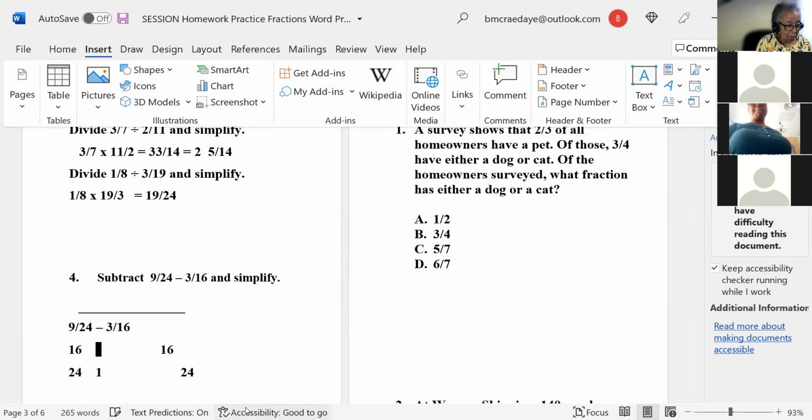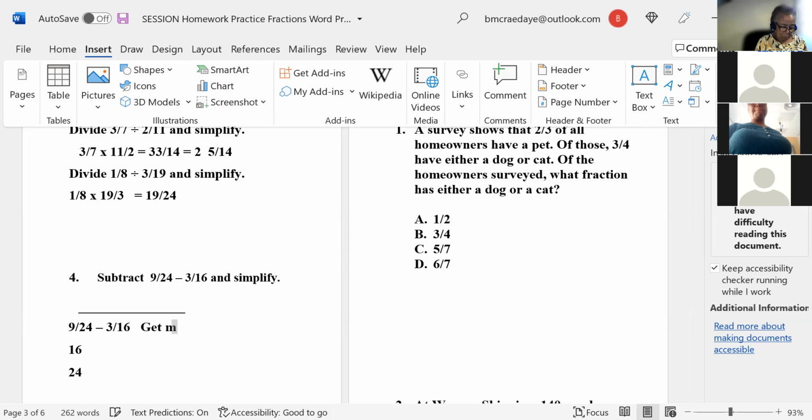Give me the multiples of 16 and the multiples of 24. These are multiples, and that means you're multiplying 16 by 1, by 2, by 3, by 4, etc. What's 16 times 1? 16.